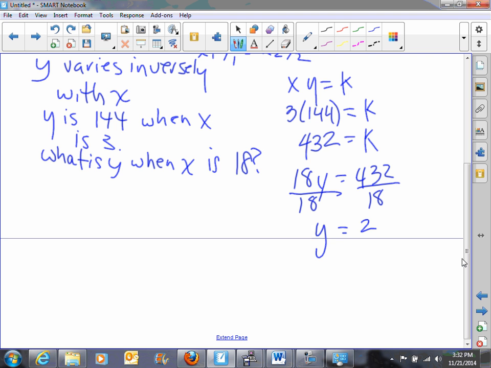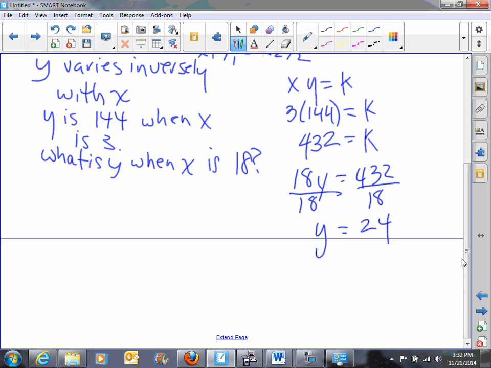Subtract that, we've got 72. 18 goes into 72 4 times. Okay, so we've got 24. So y is 24 when x is 18.